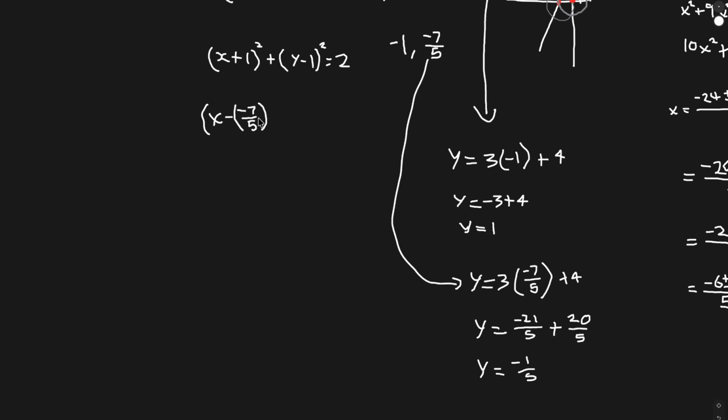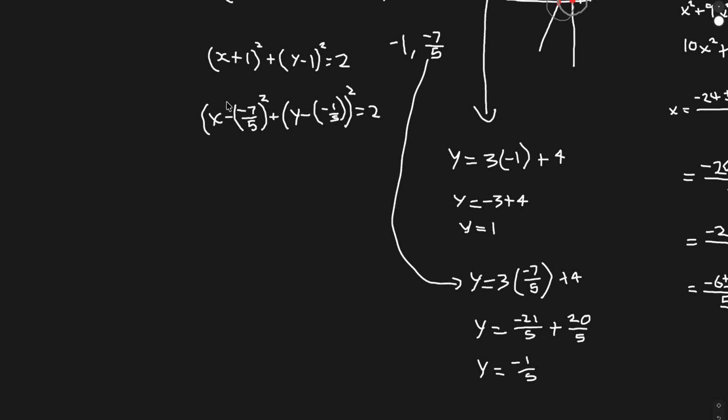And the two negatives cancel. Y minus negative 1 on 5. Squared is equal to 2.